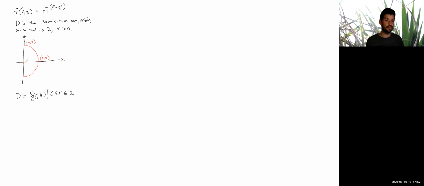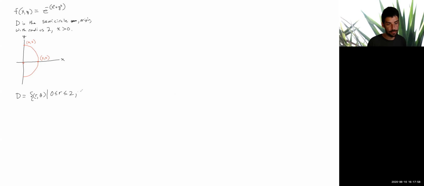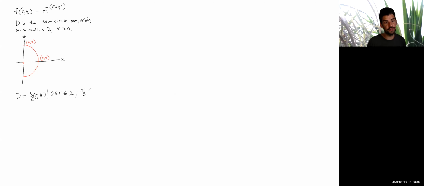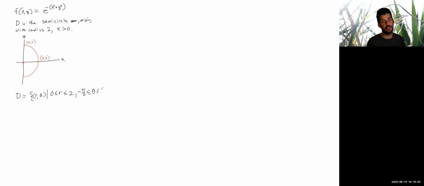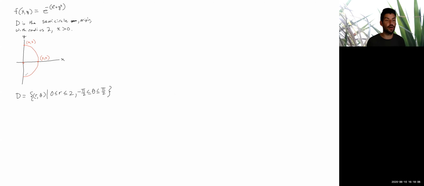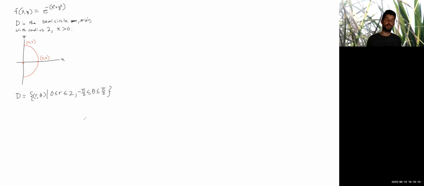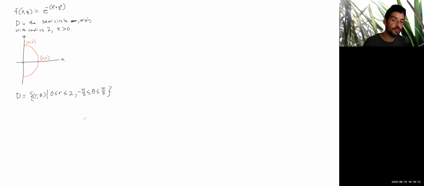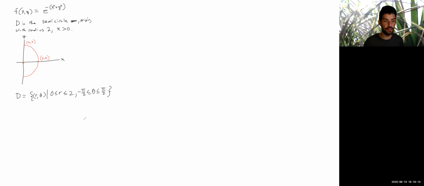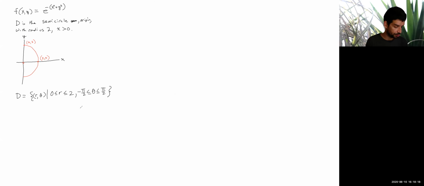So as we go from the center out, we're covering every value of r between 0 and 2. And theta is going to be between negative pi over 2 and pi over 2. It's not the only way to do this, right? I could describe this as 3 pi over 2 to 5 pi over 2. There's an infinite number of ways we could describe this, but I'm going to go with this one. I think this is the simplest way to describe this region.